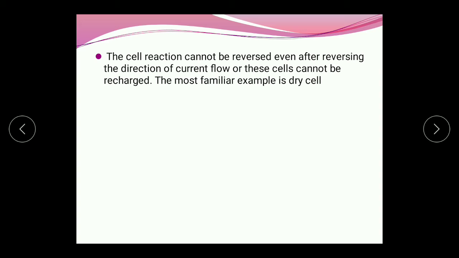Once used, we just have to throw them, because once used, the chemicals are finished. When the chemicals are consumed, the reaction stops and we don't get current. Hence, primary voltaic cells are the cells which cannot be recharged.